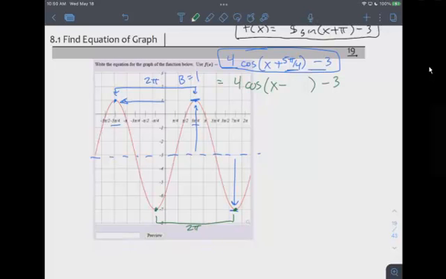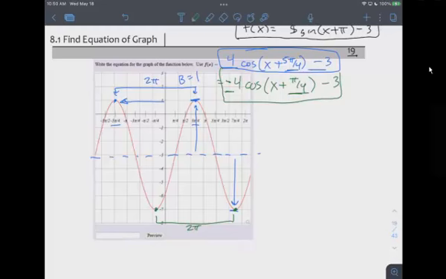So the only thing that is going to change potentially would be the sign in front and the phase shift. Okay, so I started at a minimum on my cosine graph, so the minimum means I need to put a negative in front of my a value. And then my phase shift here is going to be pi over 4 in the negative direction, so minus pi over 4. So this is another acceptable answer for that graph.